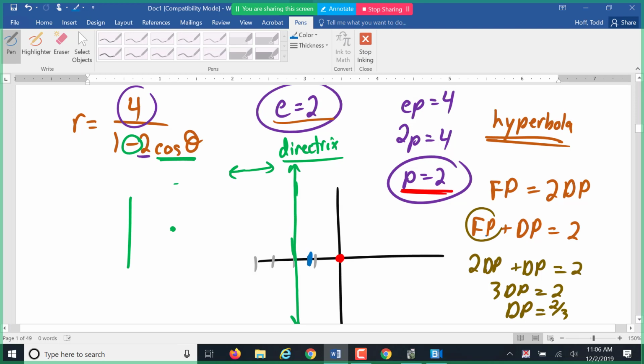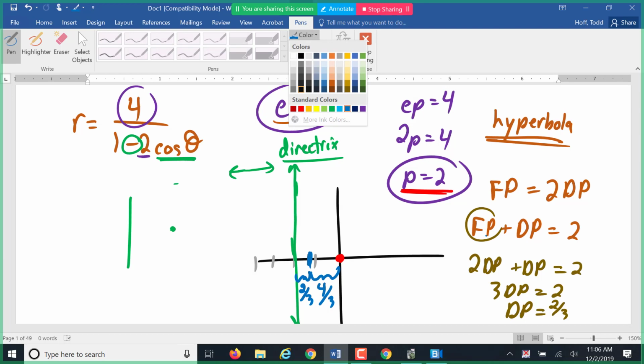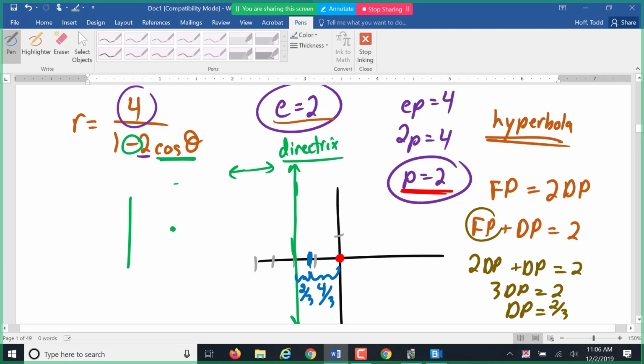FP, focus to the point, would be double that, would be 4/3. So this distance here is 2/3 of a unit. This distance here is 4/3 of a unit. That is one of the vertices of our hyperbola. Now, as I go up here, going in this direction, I know that the distance from the focus to that point has to be double the distance from the directrix.